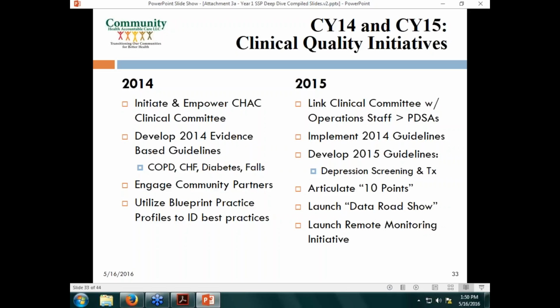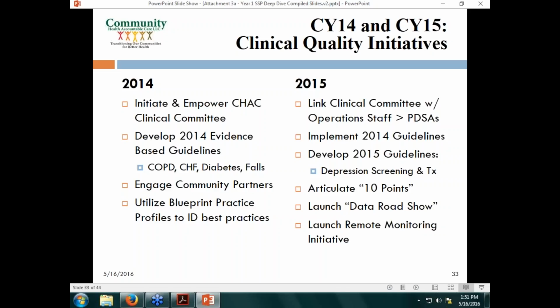We had something that we called the Data Roadshow that we launched in 2015. That was the data that we pulled for our chart abstraction data for our ACO quality reporting in the beginning months of 2015. We spent a long time figuring out how to put that into its most actionable form and presenting it to each of our health centers.